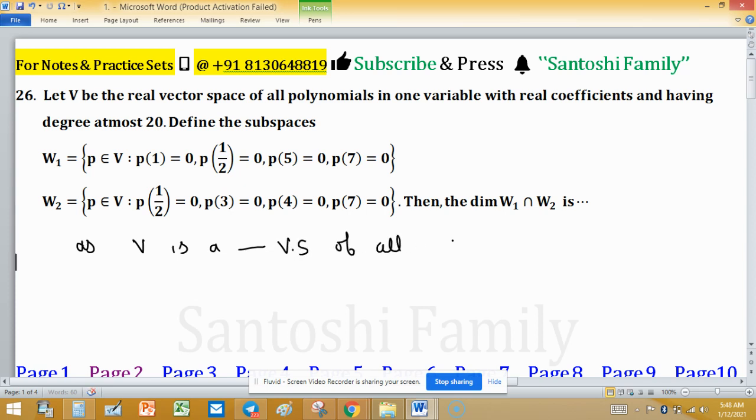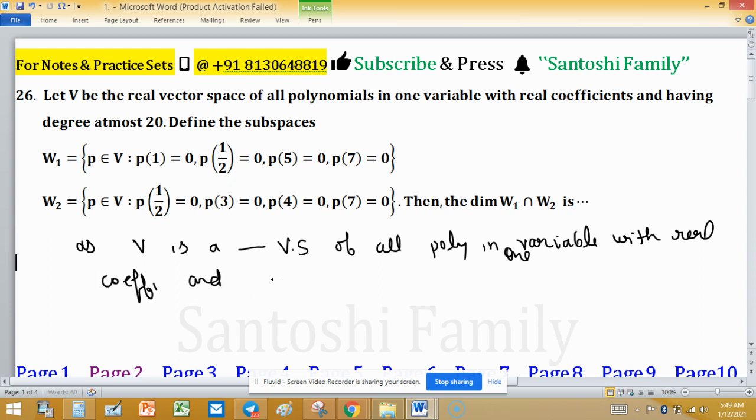of all polynomials in one variable with real coefficients. It means the field is real.